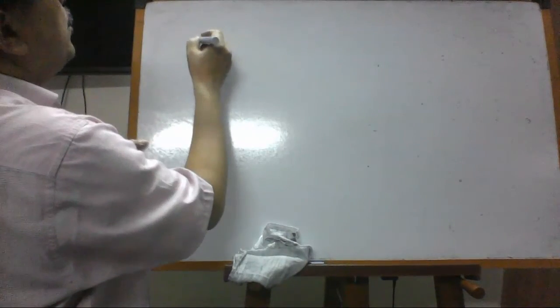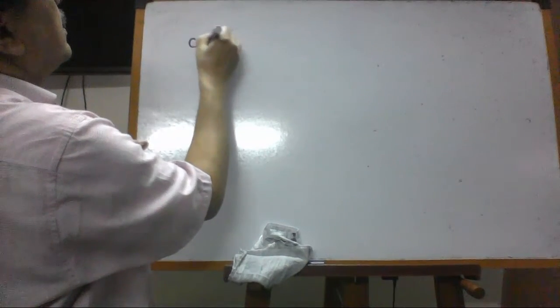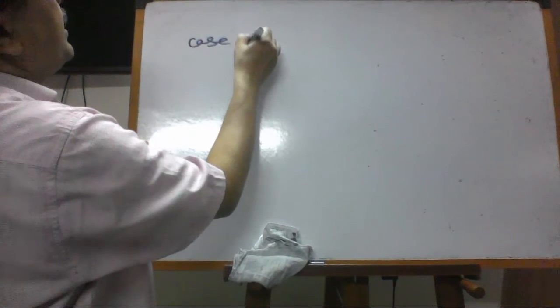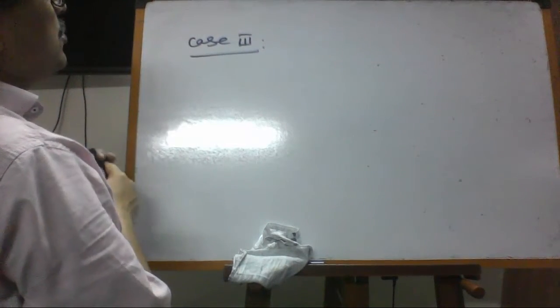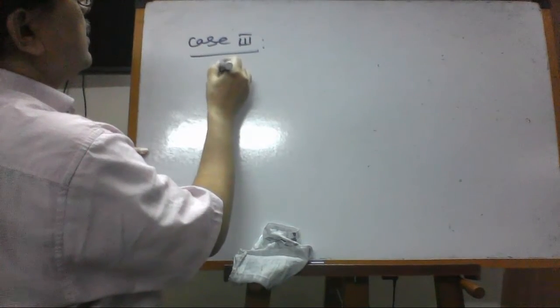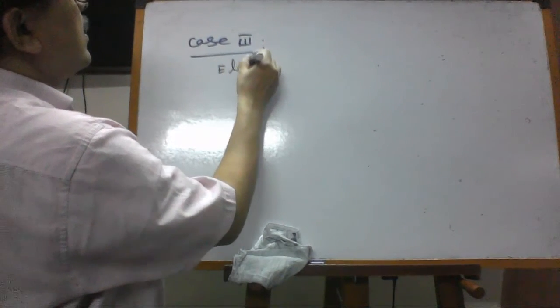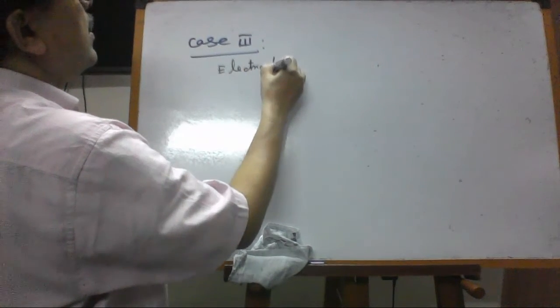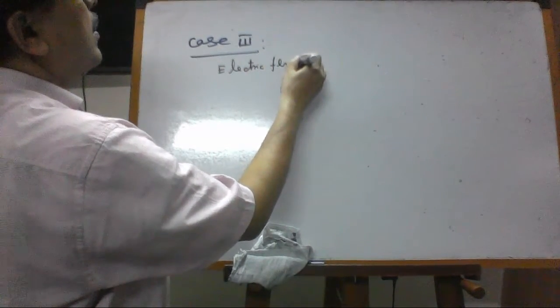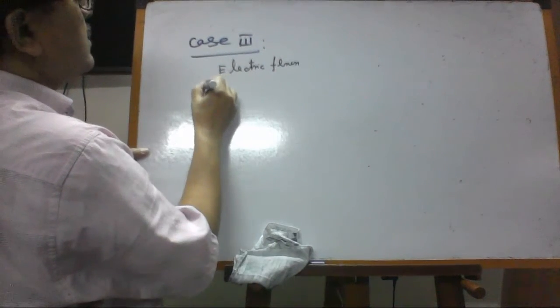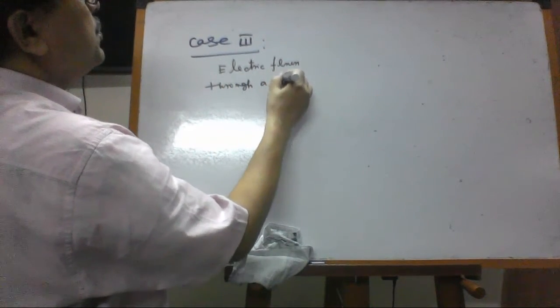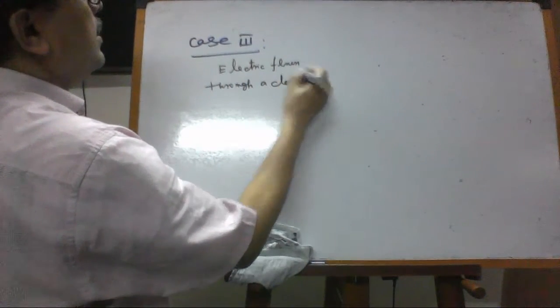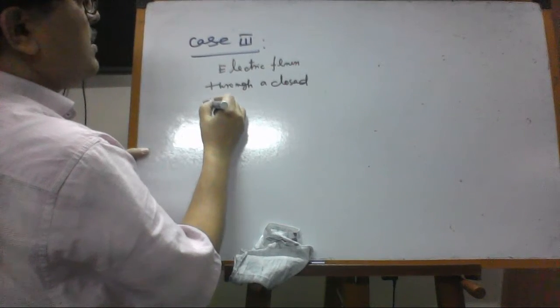Now the next case, flux through a closed surface. This you take as case 3. Electric flux through a closed surface.